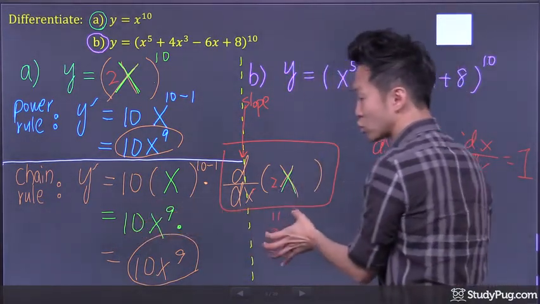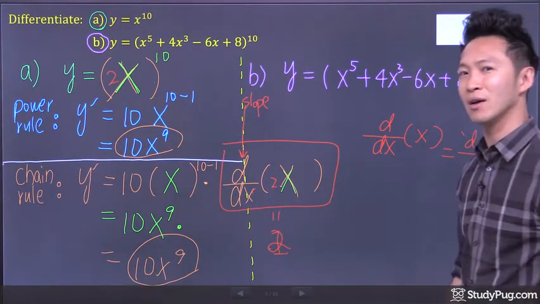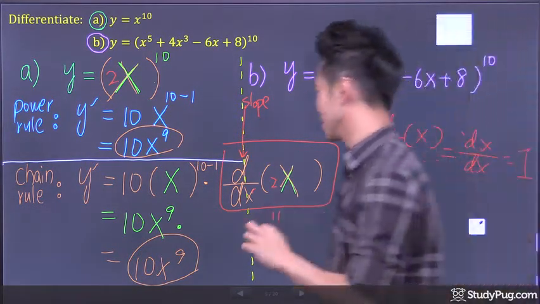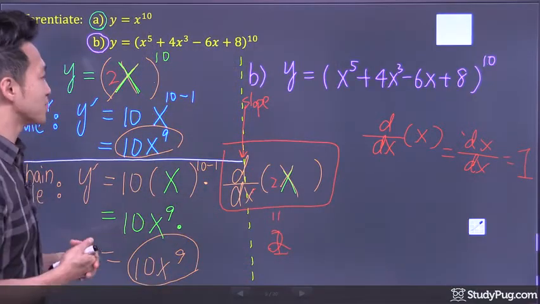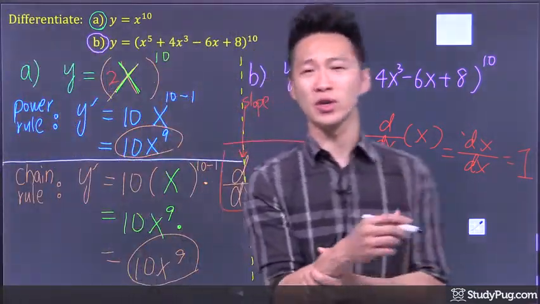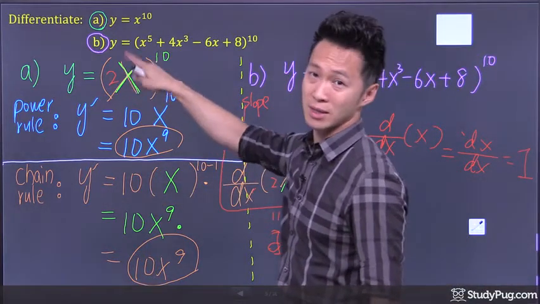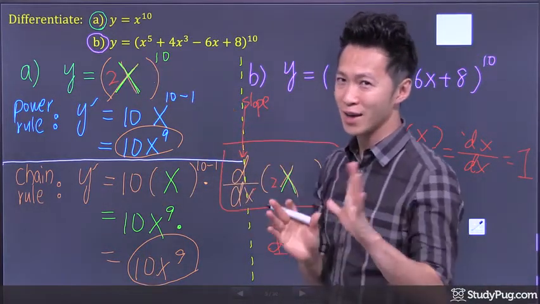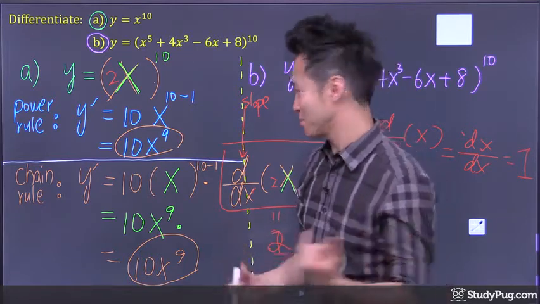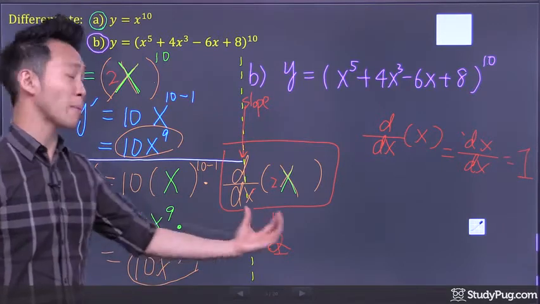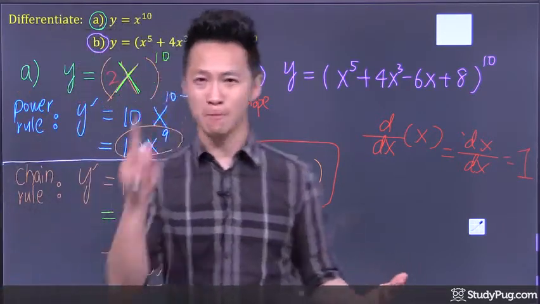Because anything times by 2 actually doubles the value, right? Yeah, see? Is that cool? So that's why the only time you can choose to ignore the chain rule is when you have x inside the bracket, okay? And why is that? Because the derivative of x is 1, and anything multiplied by 1 doesn't really change anything, okay? Cool.